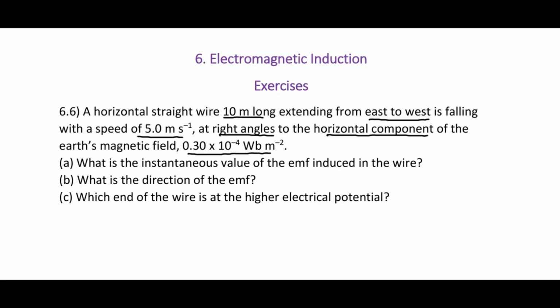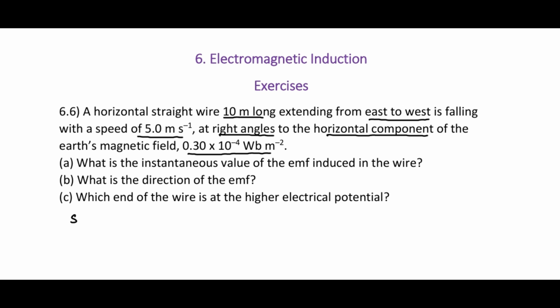What is the instantaneous value of the EMF induced in the wire? What is the direction of the EMF? Which end of the wire is at the higher electrical potential?